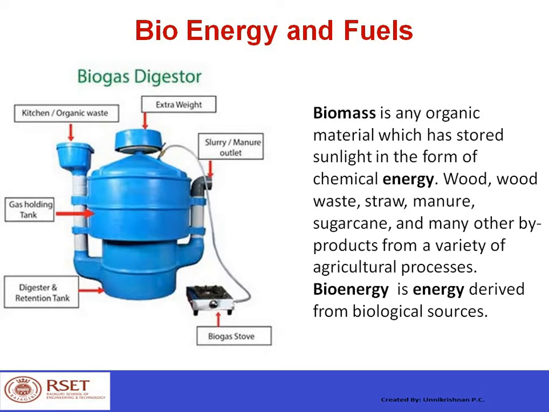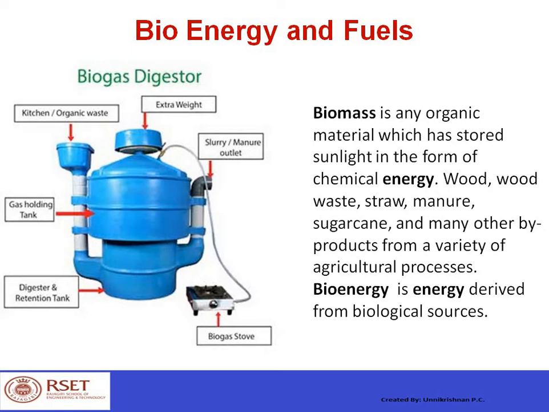The next one is the bioenergy and fuels. Biomass is any organic material which has stored sunlight in the form of chemical energy. It can be wood, leaves, wood waste, kitchen waste, straw, manure, sugarcane, or any other byproduct from a variety of agricultural processes.